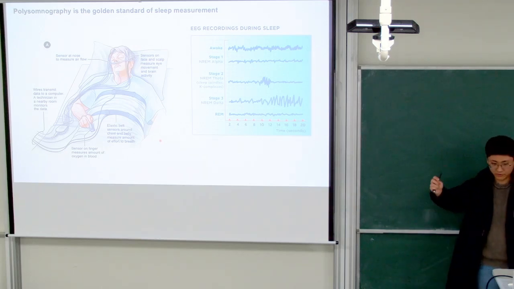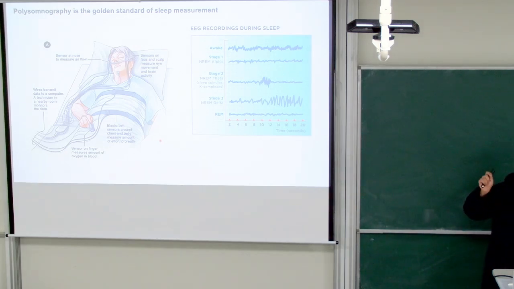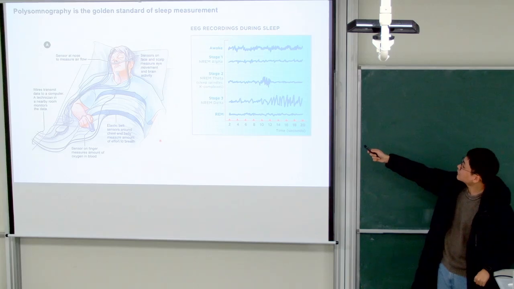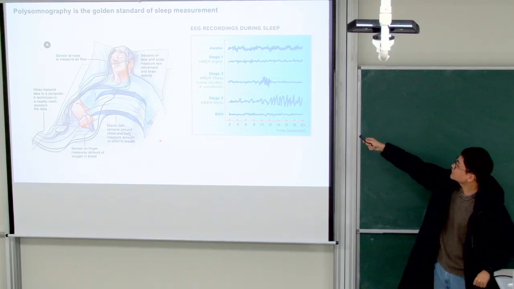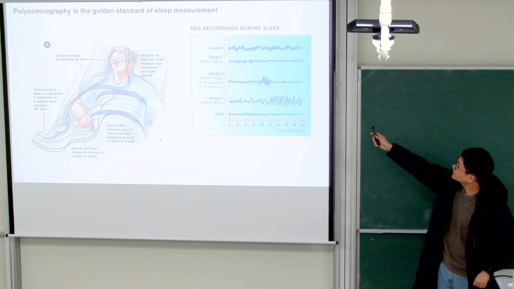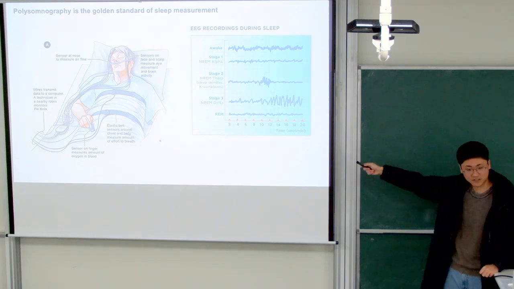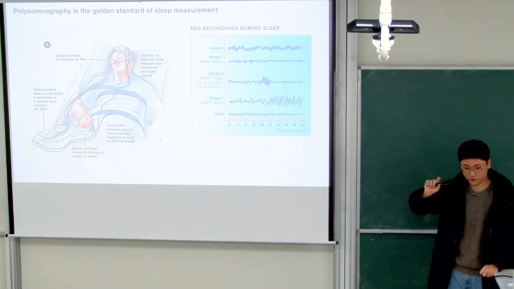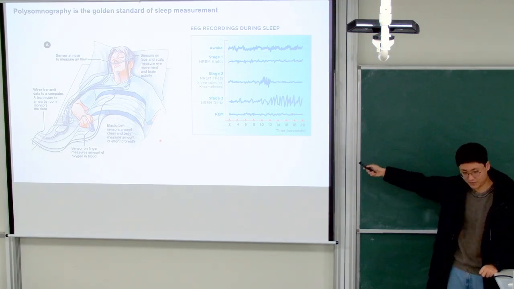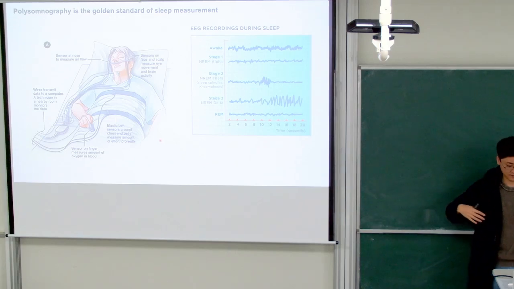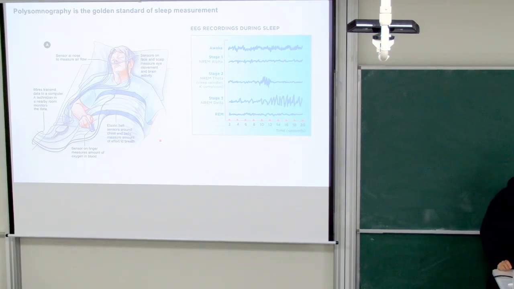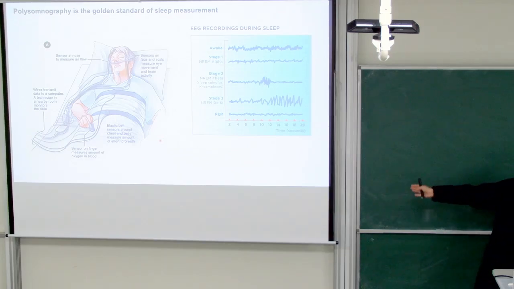When we measure the brainwave using EEG, you can see the distinctive features of this time series for each stage. And so they observe these patterns, and based on these patterns, they classify the sleep stages. That's how sleep stage measurement using polysomnography works.